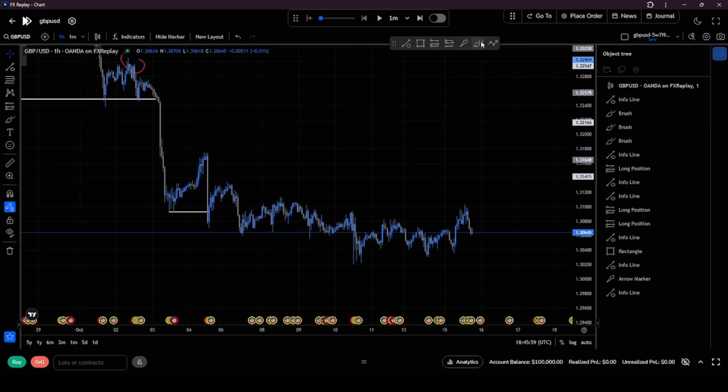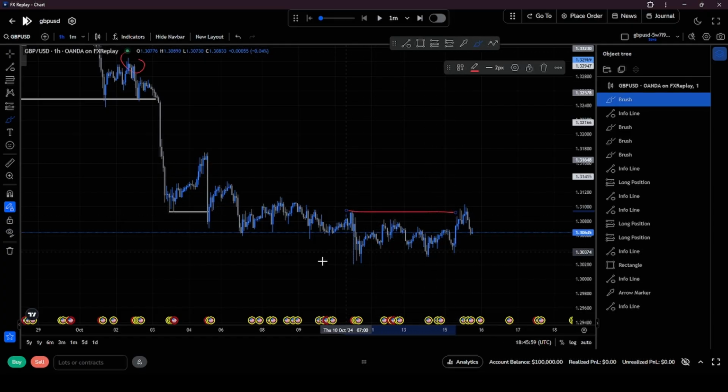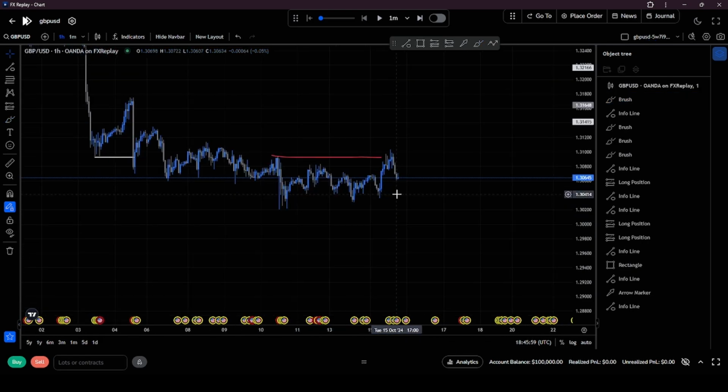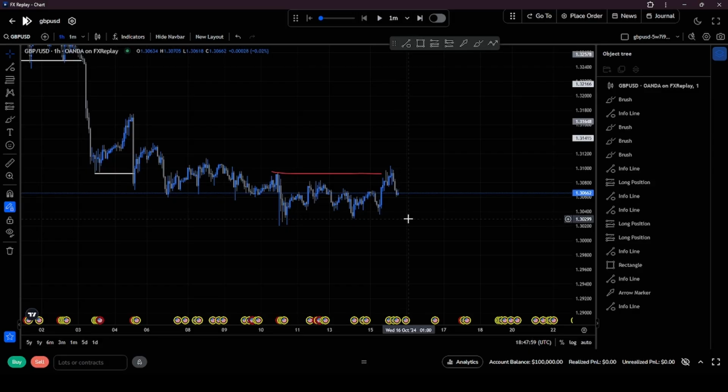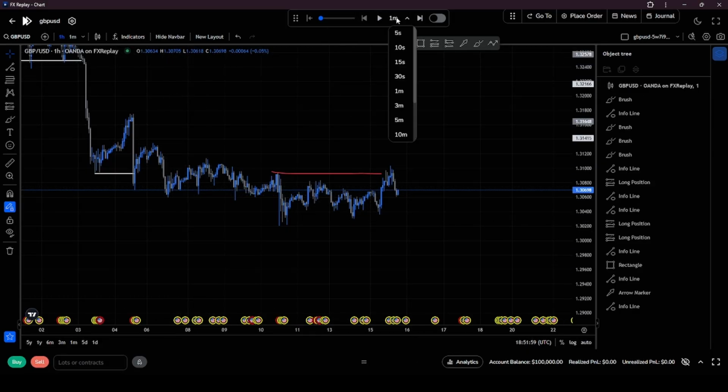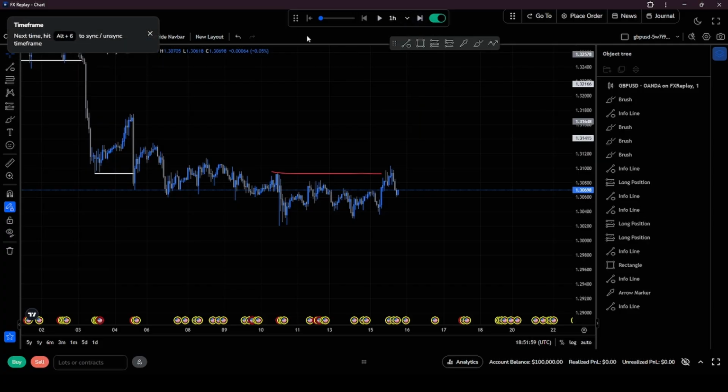So as you can see, price came back and swept this high. Let's see how price will behave.